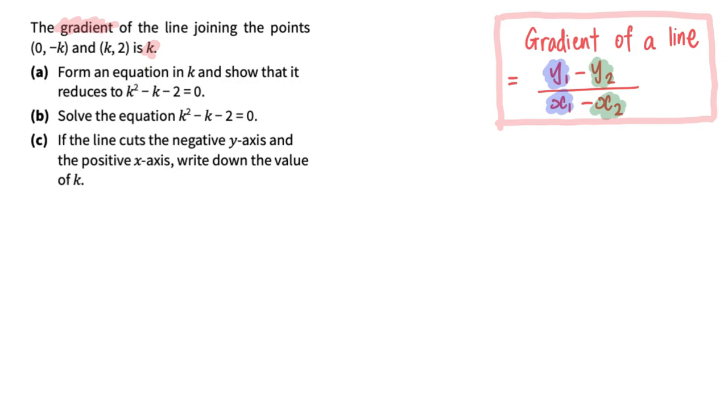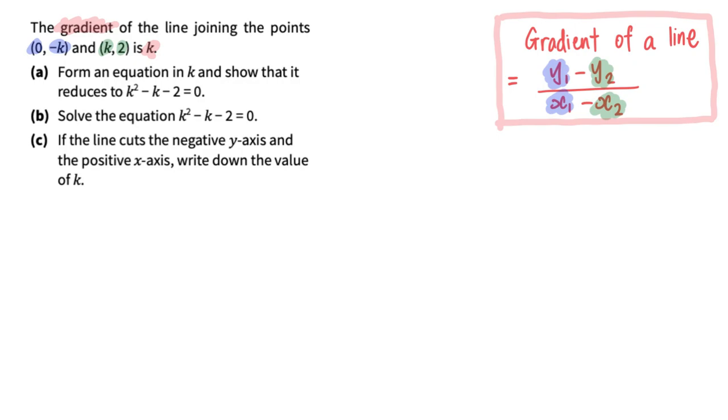And I also have the two coordinates here, x1, y1, x2, y2. And so for part A, we are going to form an equation with k, and after that manipulate the equation so that it reduces to k squared minus k minus 2 equals to 0.